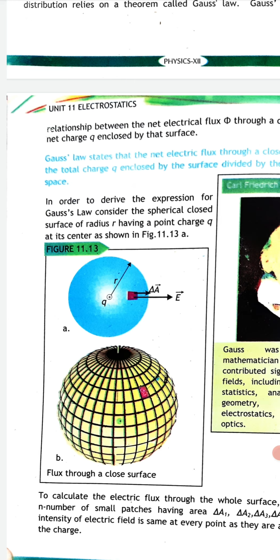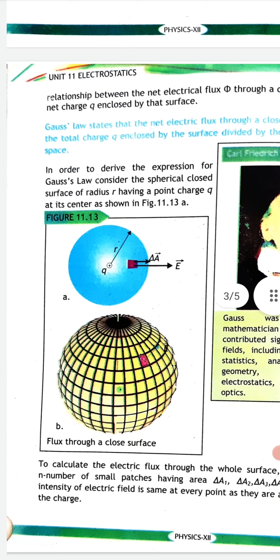So consider a sphere having a charge inside it, located at its center, and the radius of this sphere is represented by small r, as shown in figure A, in blue color.